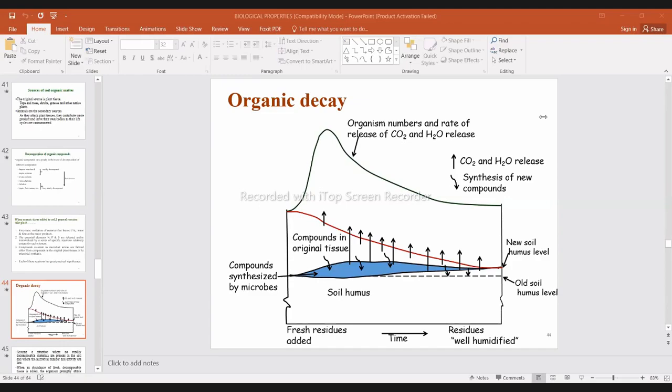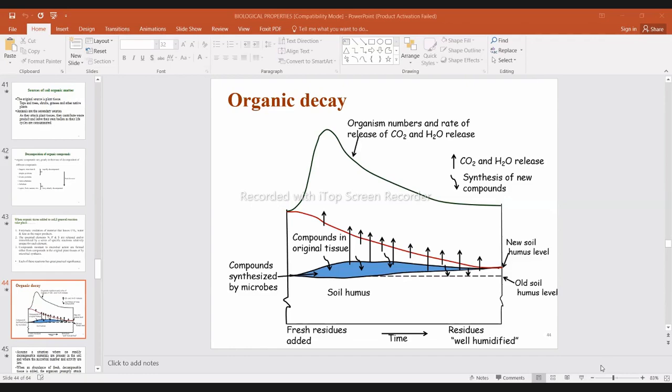Okay. Essential elements nitrogen, phosphorus, sulfur are released. Okay. Third one, compounds resistant to microbial action. Okay. So what is that? What is the name of the compound? Name of the compound. That is the humus, right? Stable compound. Right. Okay, good.